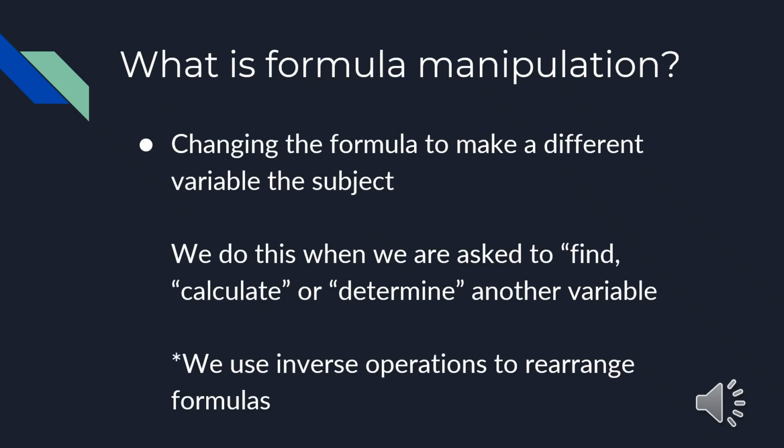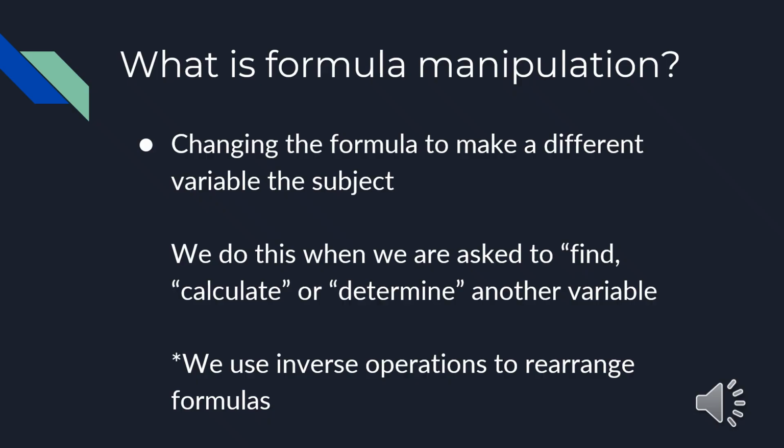When we're talking about manipulating formulas, we're simply talking about changing the formula to make a different variable the subject. So whenever we are asked to find, calculate, or determine a missing value, let's say, just as I've been showing you the example of an area, you have the subject, which is the area, and you have the length, but you don't have the breadth, how do you calculate the breadth?